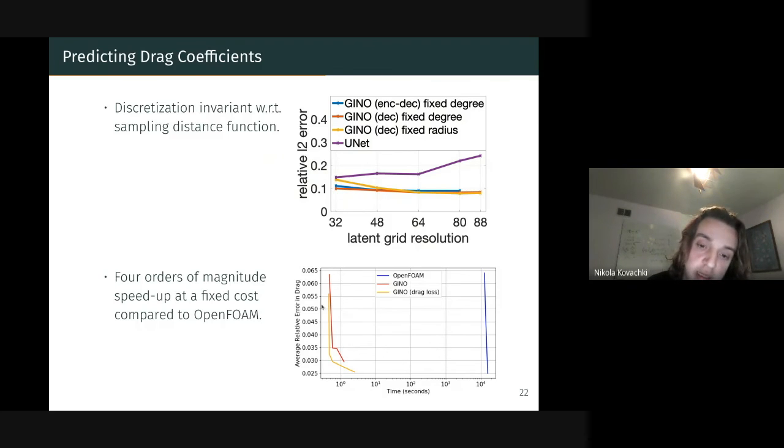And then you can compare it against the machine learning method, varying, say, the number of parameters used to encode this network, and here the runtime. And we see at a fixed error, here a relative error of like 3.5% in the drag coefficient, there is roughly a 4 order of magnitude speedup.